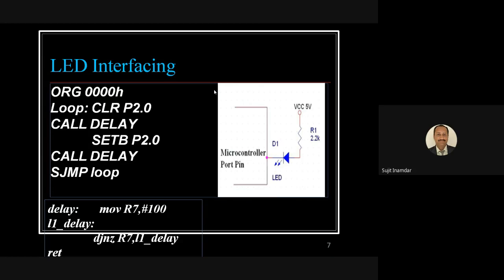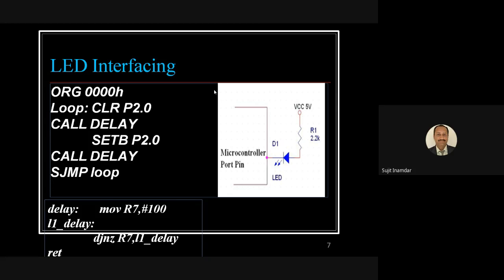Now after that, how much time does it have to remain on? For that, the statement written is called delay, CALL DELAY. Delay is nothing but a subroutine which generates a gap, because the 8051 works in microsecond timing that is not visible to our open eyes.